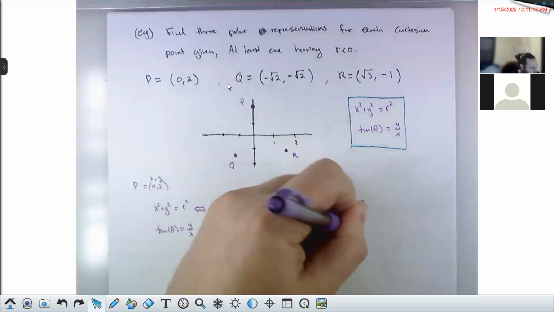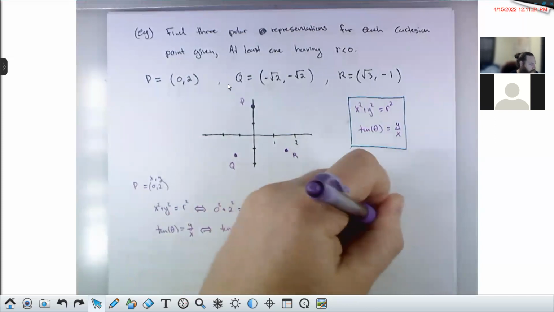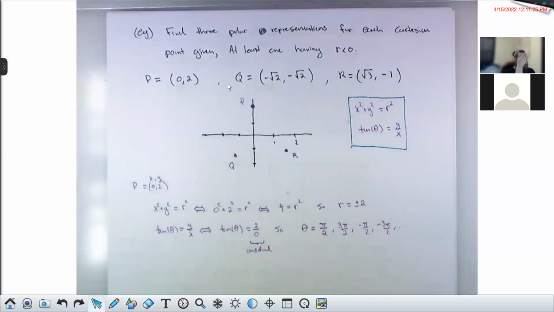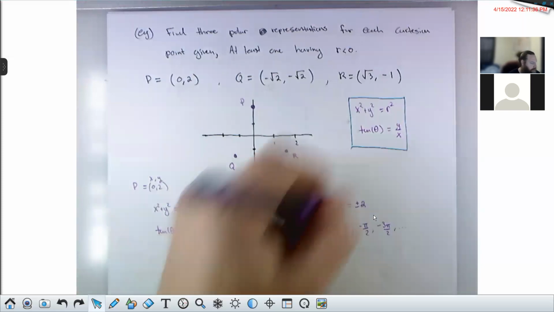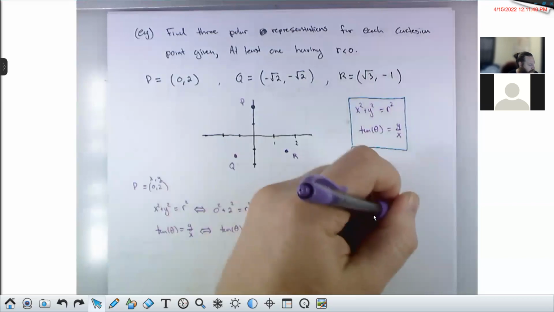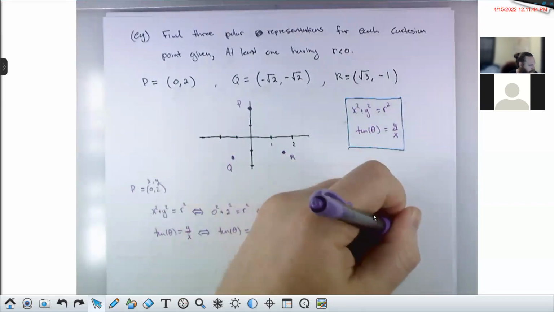So 3 pi over 2, or negative pi over 2, or negative 3 pi over 2. All of these are angles where tangent of theta is undefined. So the radius r is either going to be +2 or -2, and the angle theta is going to be any angle that would appear on this list.